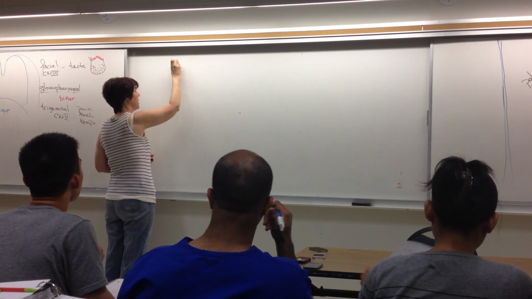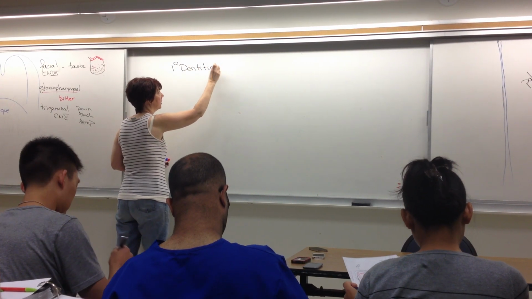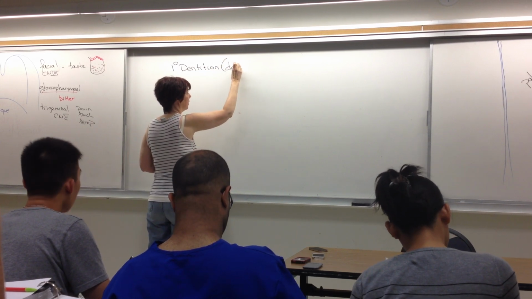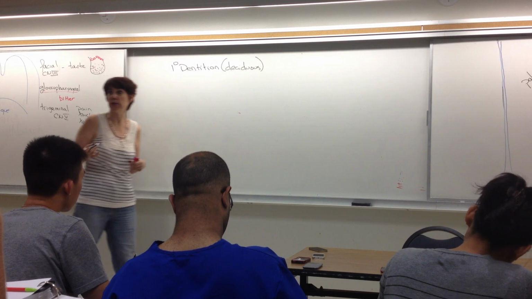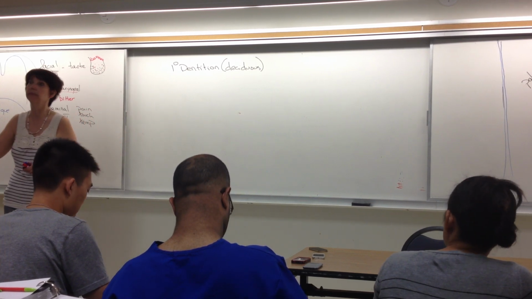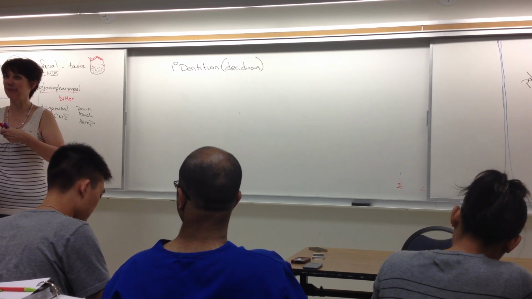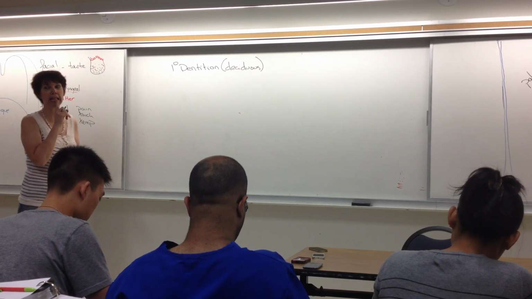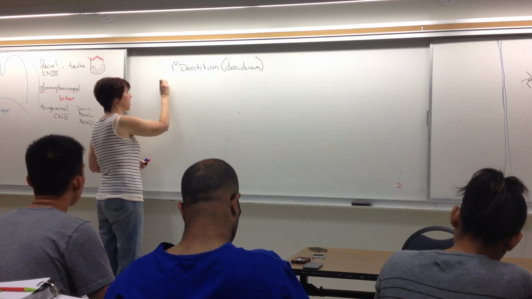So for primary dentition, deciduous means falling out, like a deciduous tree loses its leaves. We have 5 teeth that are present on each quadrant for a total of 20. So starting in the midline, we have the central incisor.